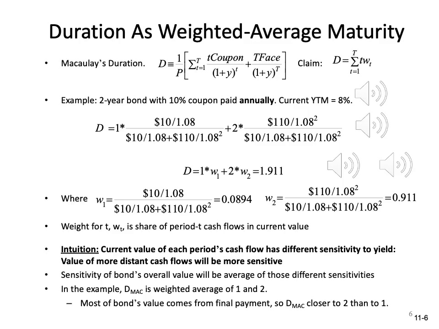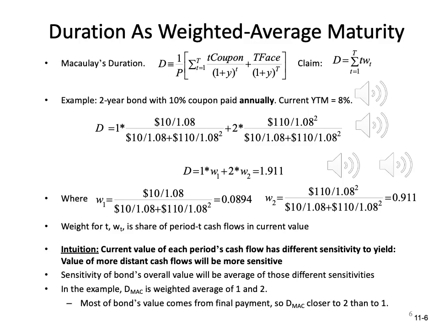So the weight for year 2, W2, is about 0.911. So the weight you put on the second year is very high because in the second year, or in the terminal year, you are receiving the face value payback. That is always going to account for a huge portion of the total bond price.